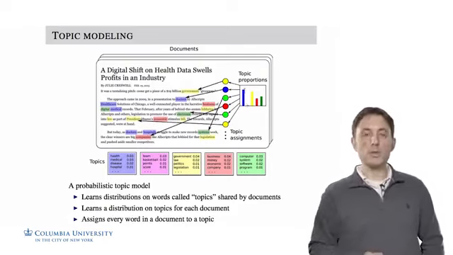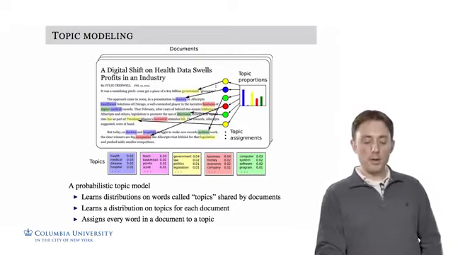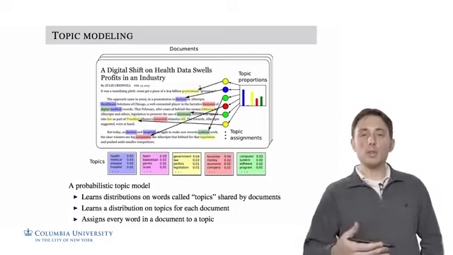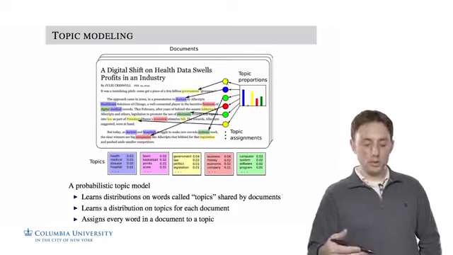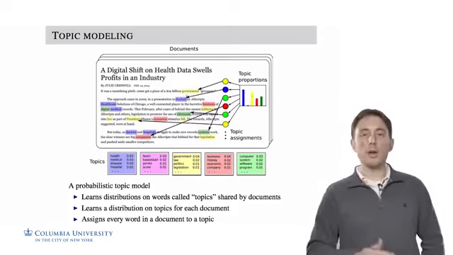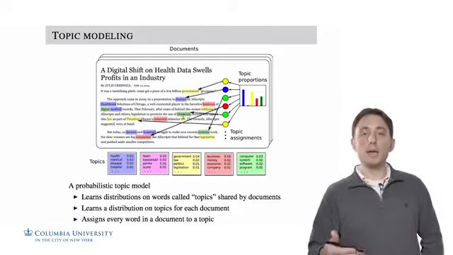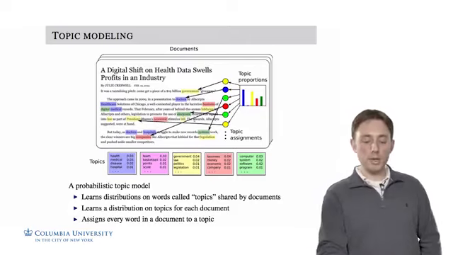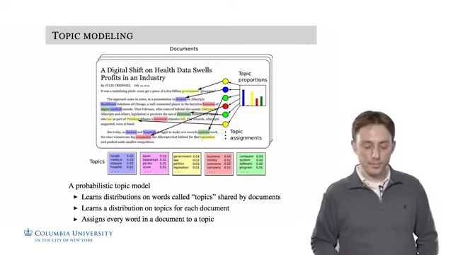So that's the first document level variable. And then we also have, for each word that appears in the document, an assignment of which of the topics it belongs to. So for example, for this word government, we color code it yellow because it belongs to the government topic, which is the yellow topic. And we have this color coding for every single word that appears in the document, saying that each word has to pick a topic that it's going to come from in this document, and it's going to be colored according to that topic.